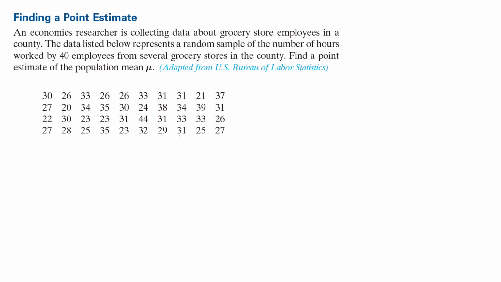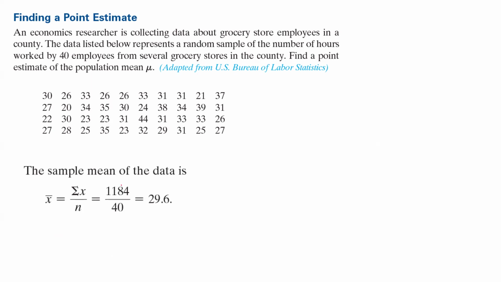As you can see, some of the numbers are repeated, but the data is just not nicely grouped. That's fine with us. We're going to use our calculator and calculate the estimate here. The point estimate for population mean is the sample mean.